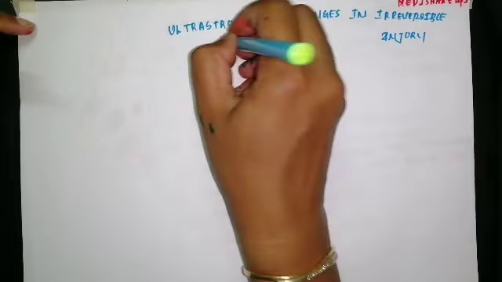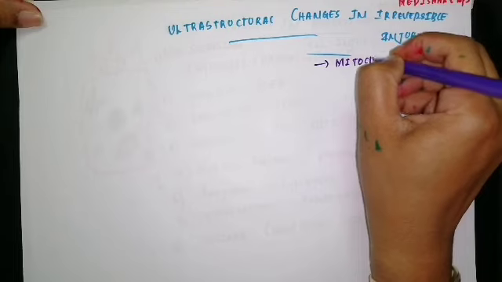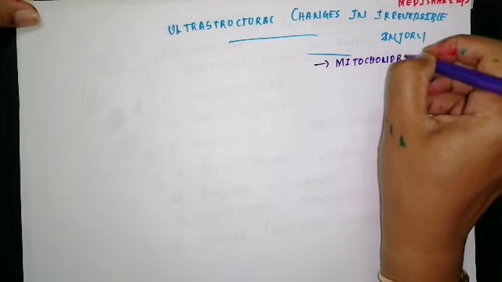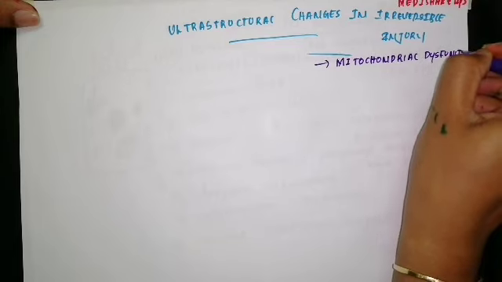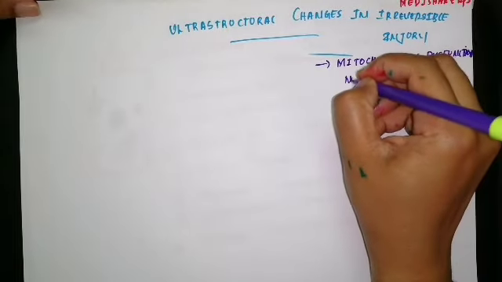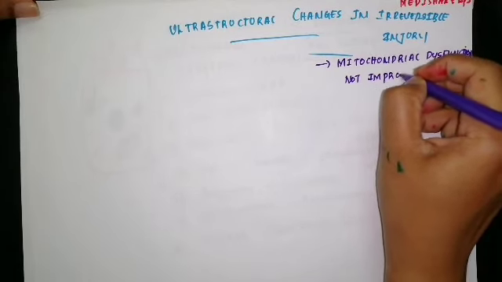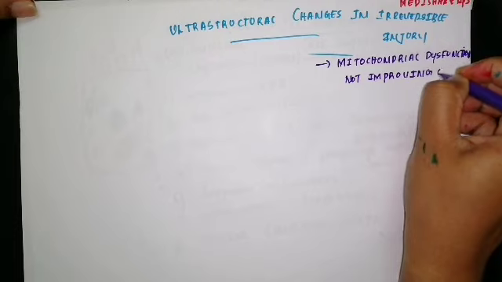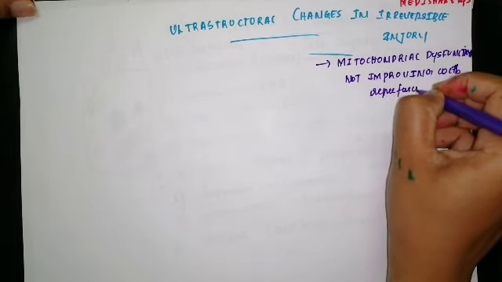The characteristic feature of irreversible cell injury is mitochondrial dysfunction, which is not improving even with restoration of blood flow or reperfusion, and continuing cell membrane damage.